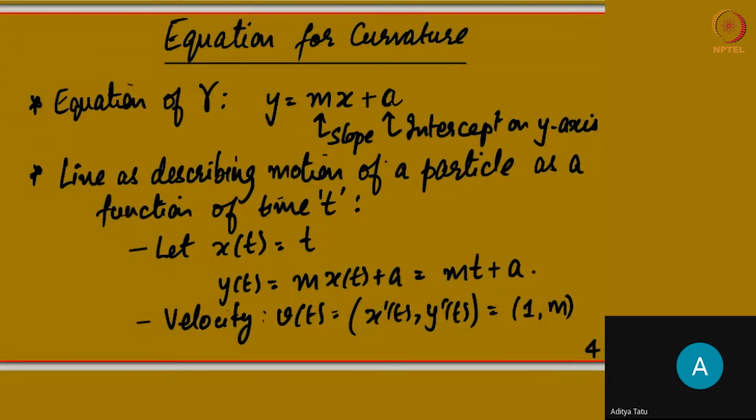Now, instead of using this representation of a straight line, I would want to describe this straight line as if there was a point or a particle which moved on this curve. And I'm going to describe this curve by describing the positions of this particle as a function of time.